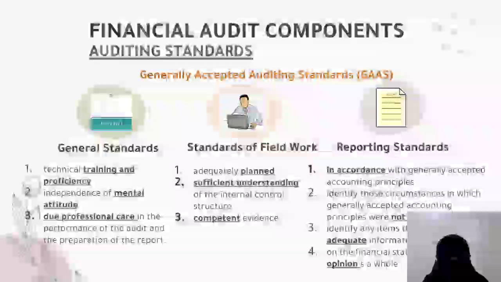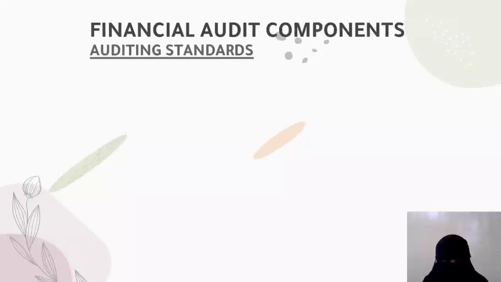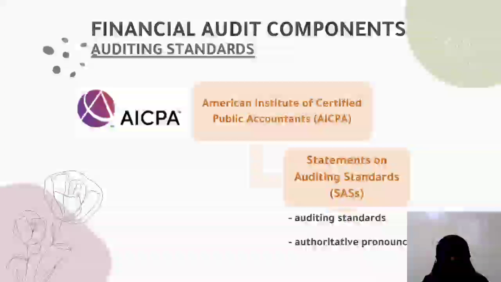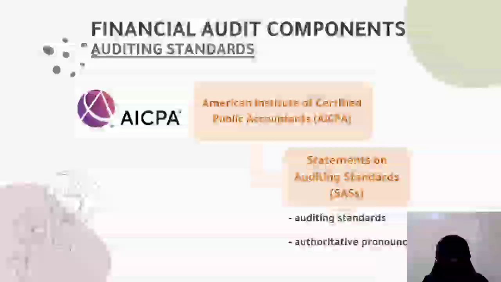GAAS establishes a framework for prescribing auditor performance, but it is not sufficiently detailed to provide meaningful guidance in specific circumstances. So to provide specific guidance, Statements on Auditing Standards was issued by the American Institute of Certified Public Accountants, or the AICPA, as an authoritative interpretation of GAAS.